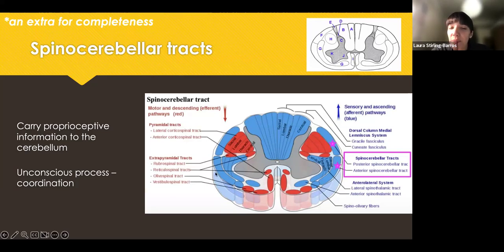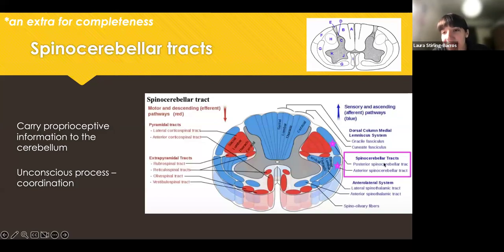Something I will not cover in detail in this lecture is the motor system. You'll probably come across that in the next revision session or through your revision. But just a final recap: we have the dorsal column medial lemniscus system with the gracile fasciculus and the cuneate fasciculus for the dorsal column, and then the anterolateral system with lateral spinothalamic and anterior spinothalamic as subsections of it.